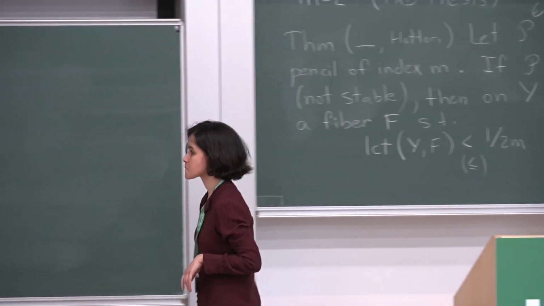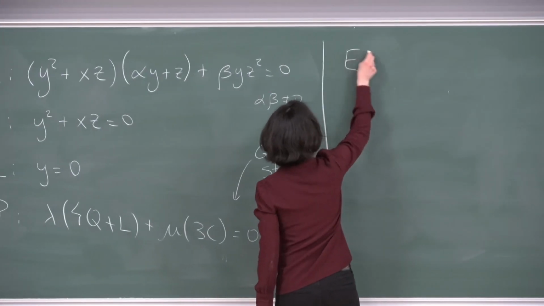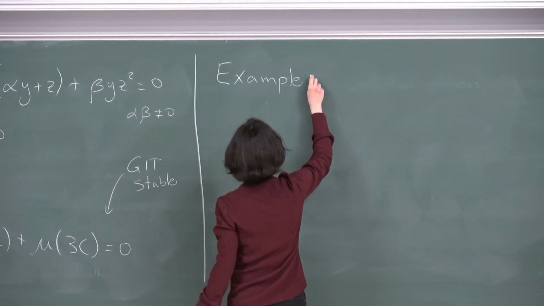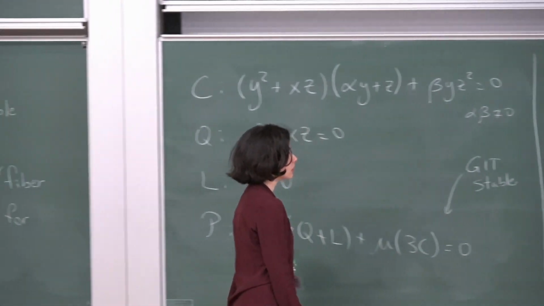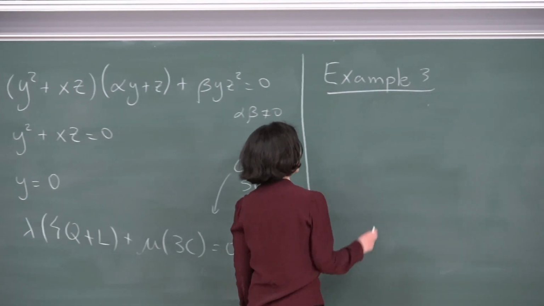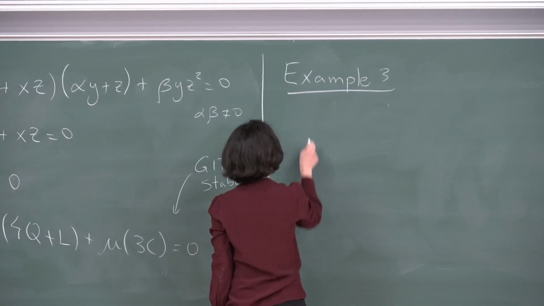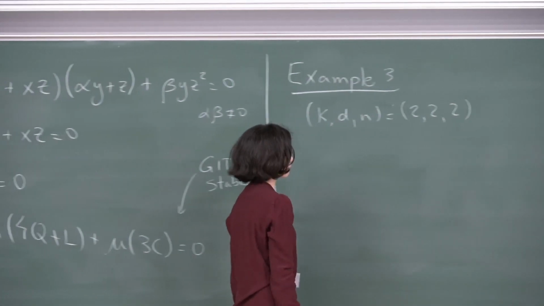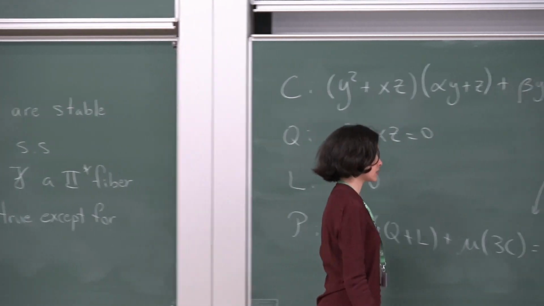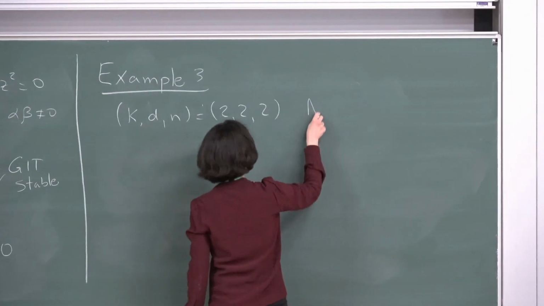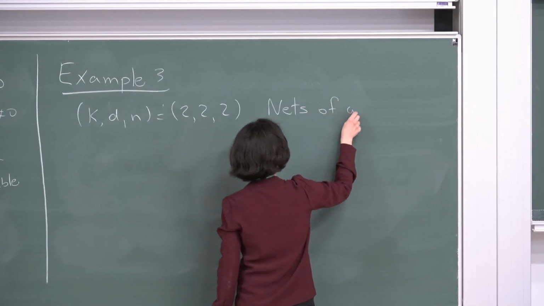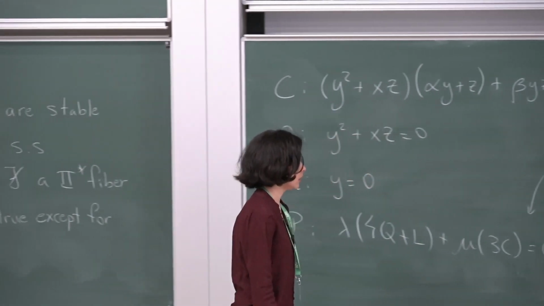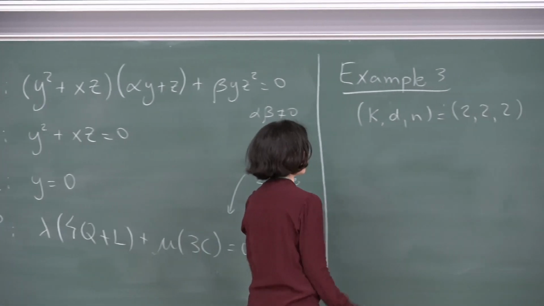Okay. So now let me move on to the next example, and then finally I will state the criterion. Example 3. Now I'm going to look at (k, d, n) equals (2, 2, 2). So I'm going to look at nets of conics in the plane. Again, this is very classical, and it has been considered before.